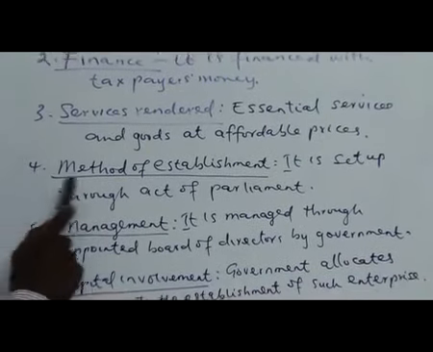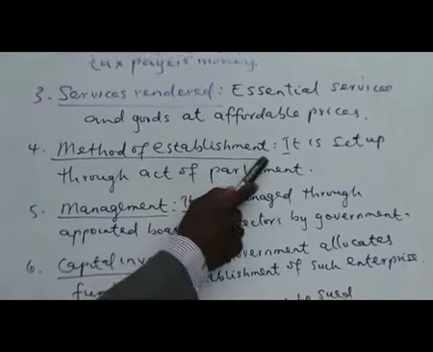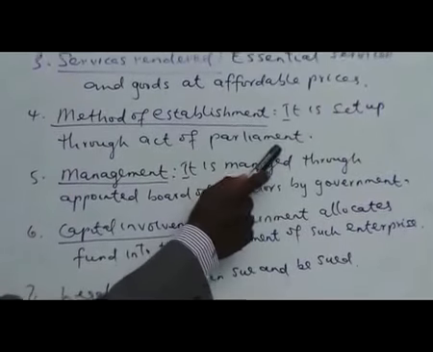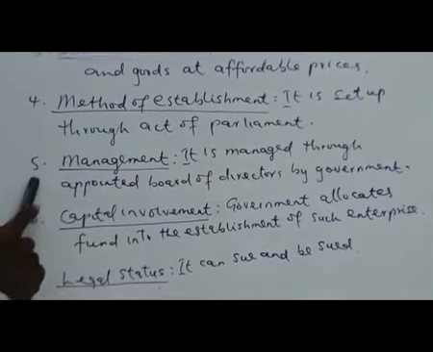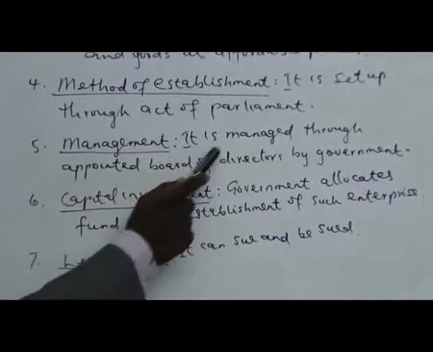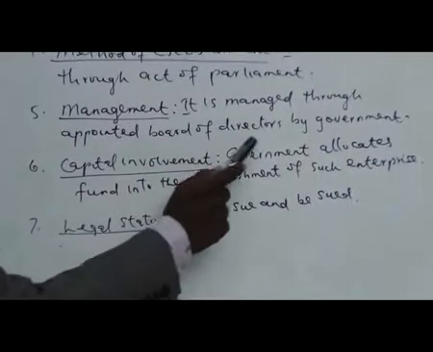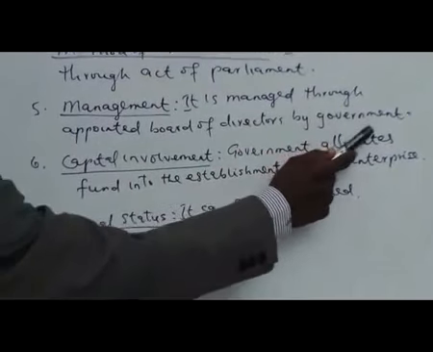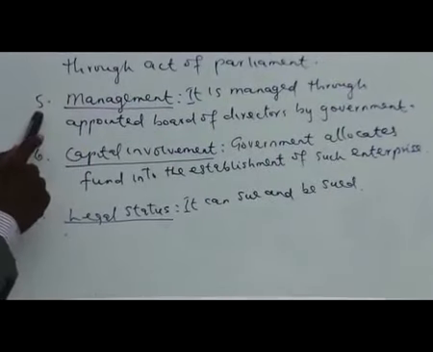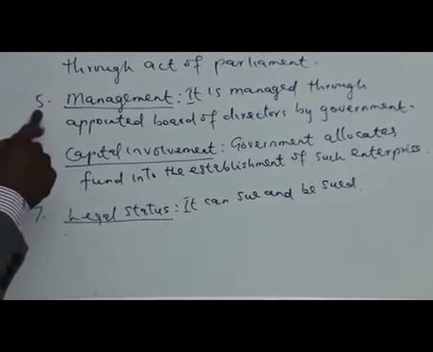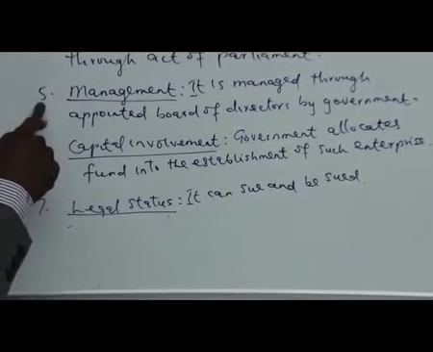Number four, method of establishment. It is set up through an act of parliament of the country. Number five, management. It is managed through an appointed board of directors by government. In terms of management, government is in charge of appointing people that can handle the management based on their experiences.